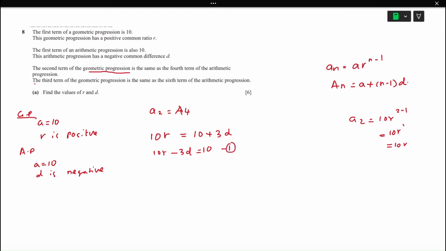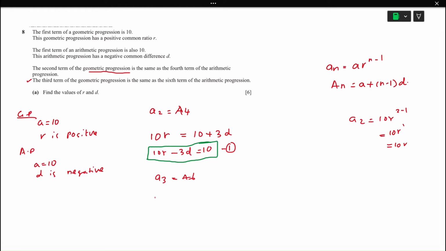Next I'll go for the second thing. The third term of the geometric progression, that is a3, is the same as the sixth term of the arithmetic progression, which is a6. So a3 equal to a6.